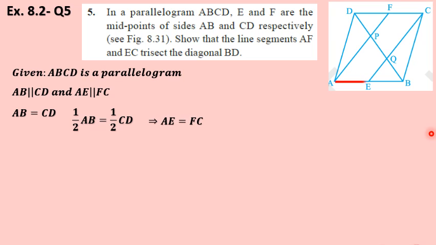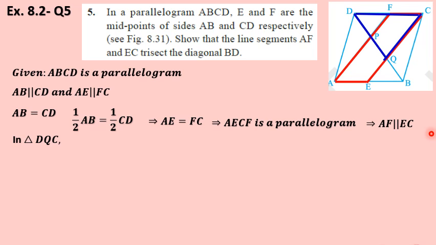That means AE equal to FC. That means AECF is a parallelogram. One pair of opposite sides parallel and equal. So it's a parallelogram. Now, the other pair of sides also will be parallel. AF parallel EC.